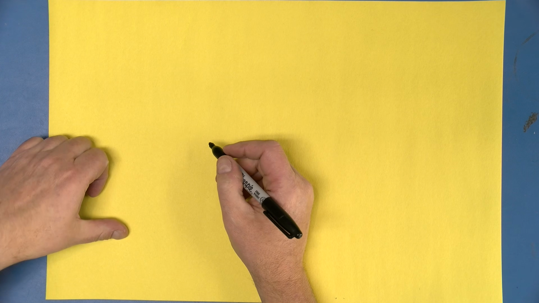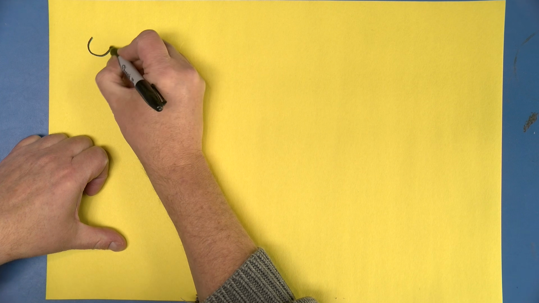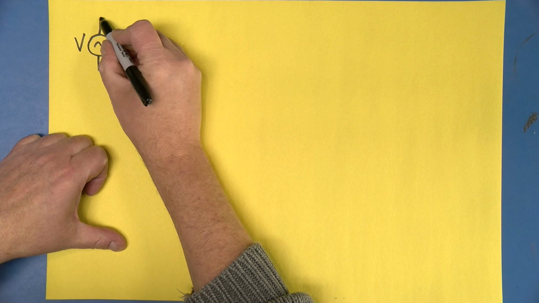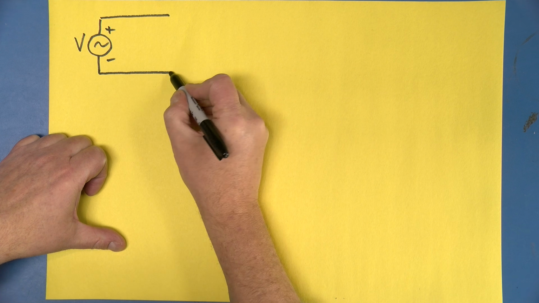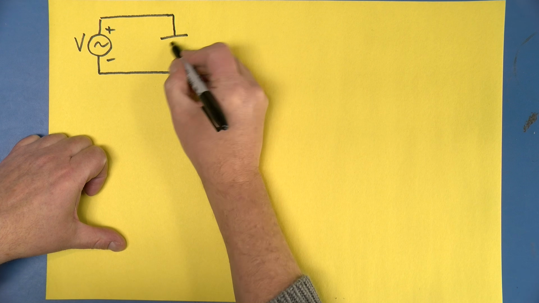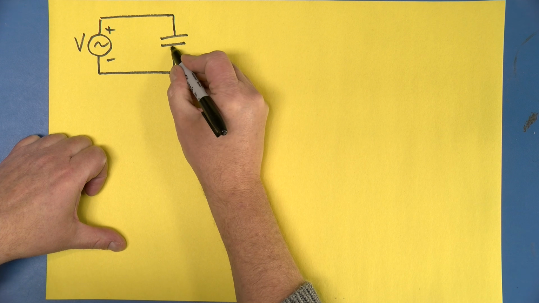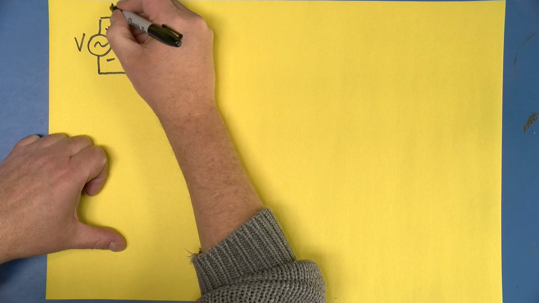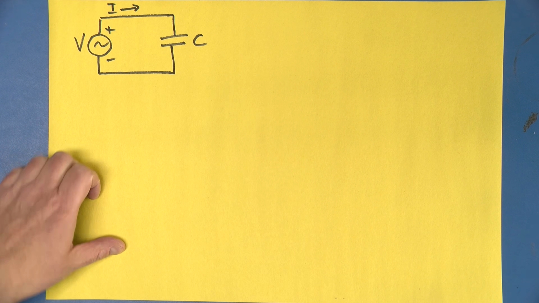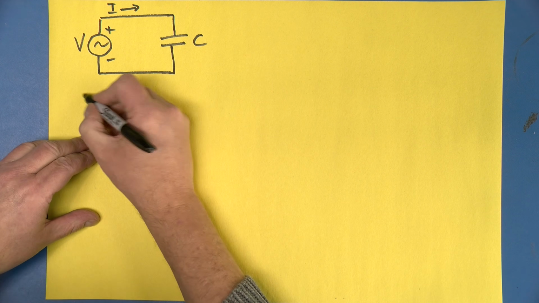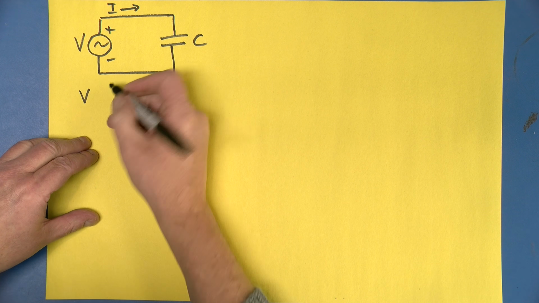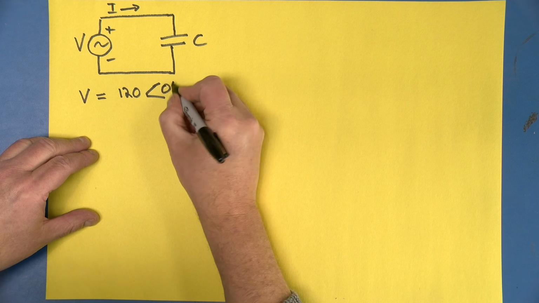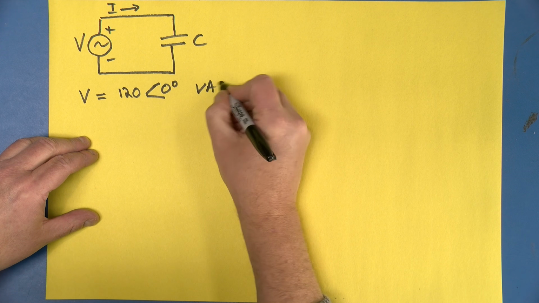All right, so once again, we will start with our nice little voltage source called V, and we'll draw a couple of wires, and this time we will connect it to a capacitor C. And like before, we're going to have a current I flowing through everything. And once again, we will say V equals 120 volts at an angle of 0 degrees, volts AC.